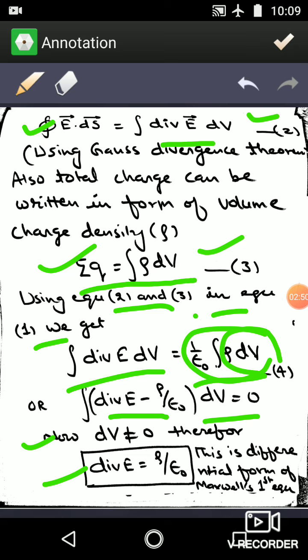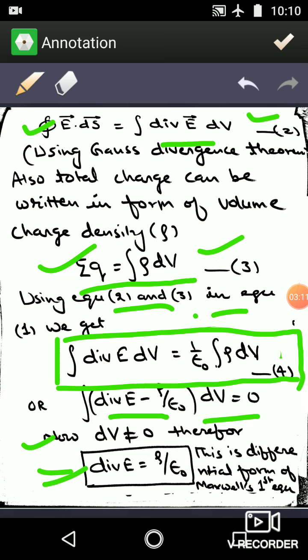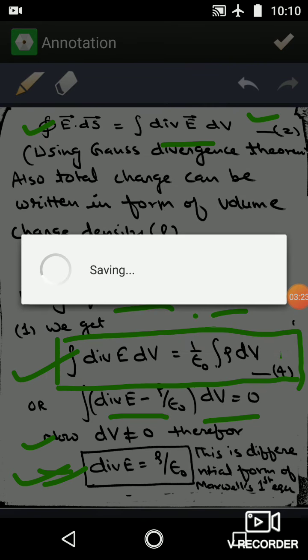This is the differential form of Maxwell's first equation, and equation number 4 is the integral form of Maxwell's first equation. Let us move on to the next page.